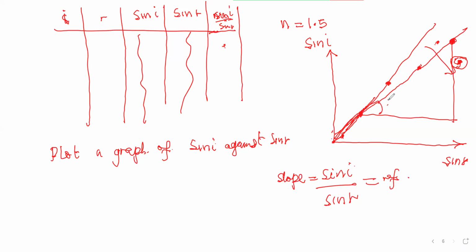Or if you take the tangent of this, tan of the angle theta is the vertical opposite, which is sine I, over the horizontal, which is sine R. So this is the same as the slope or the refractive index. So the slope of this graph must actually give you the refractive index.